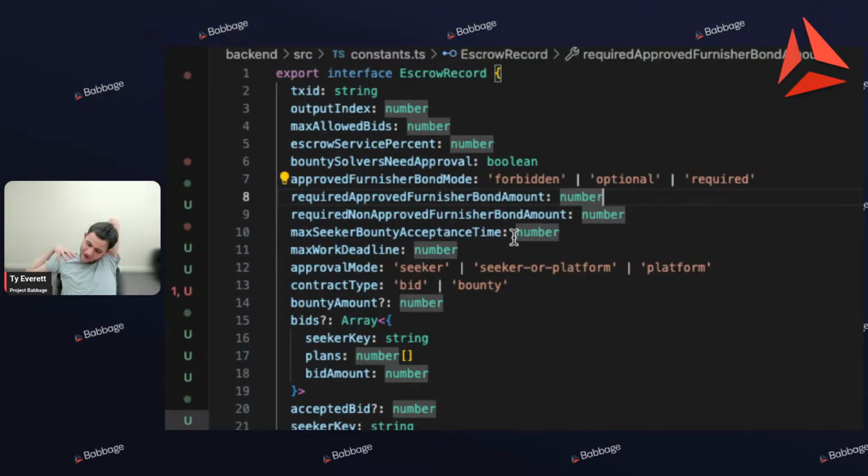So there's a whole spectrum of approval versus non-approval on work, and then there's a whole spectrum of the bond being added to the pot, to the stakes of the contract, right?